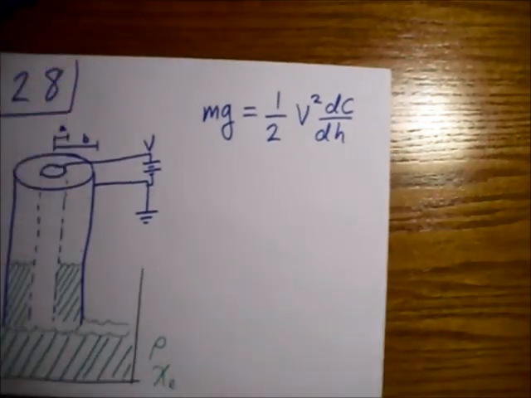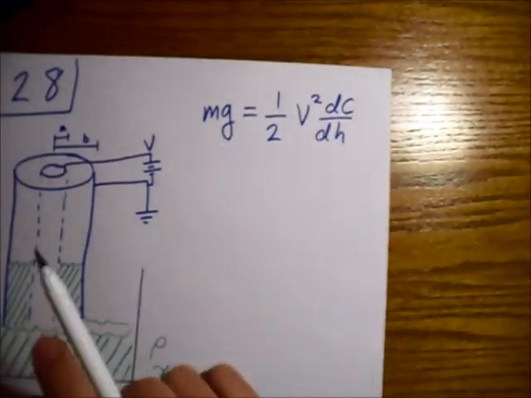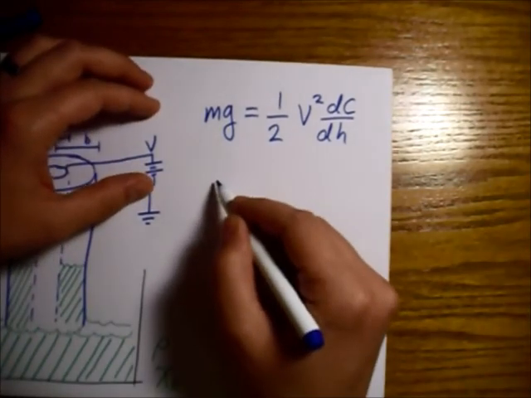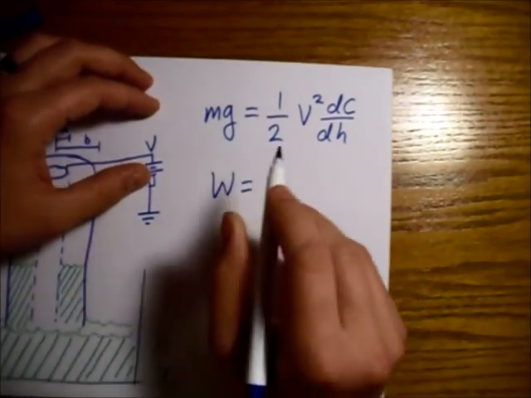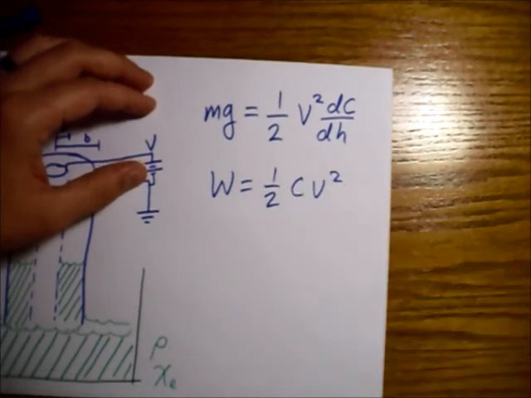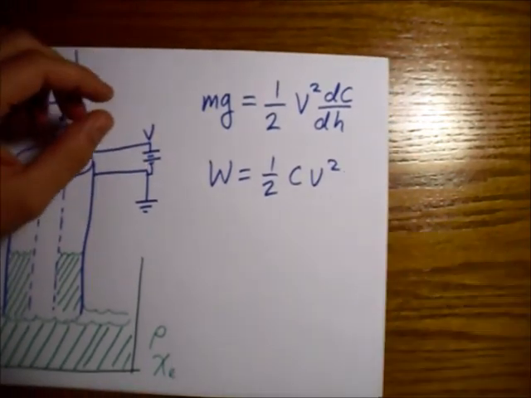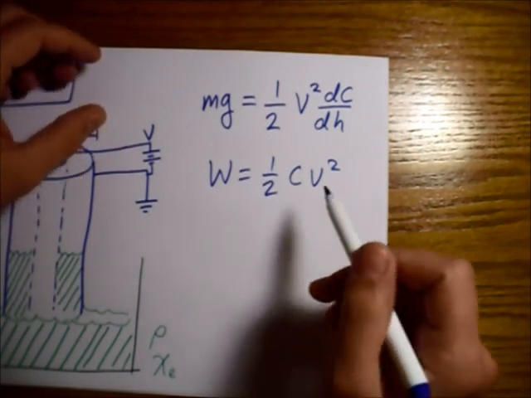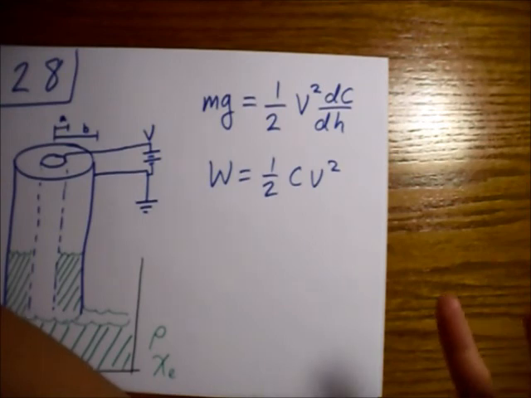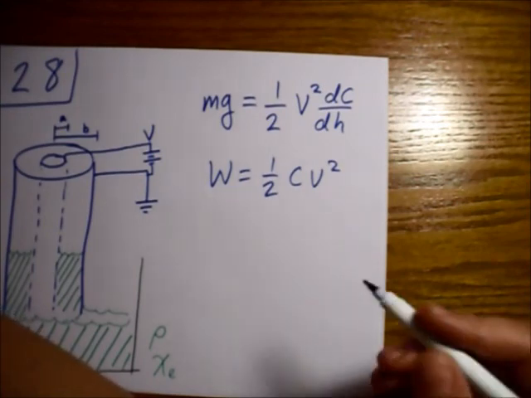Okay. Now this equation 4.64 is a little bit tricky. You get that from the energy stored in a capacitor, which is 1/2 CV squared, or other ways to write that. But the trick here is you don't want to have to worry about the work being done on the charges by a battery.